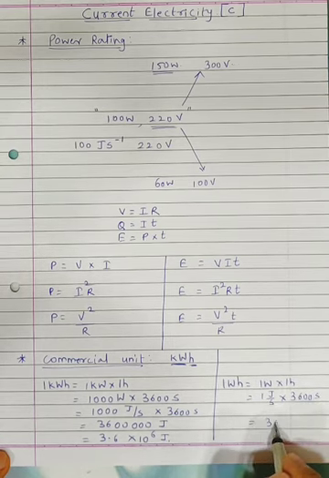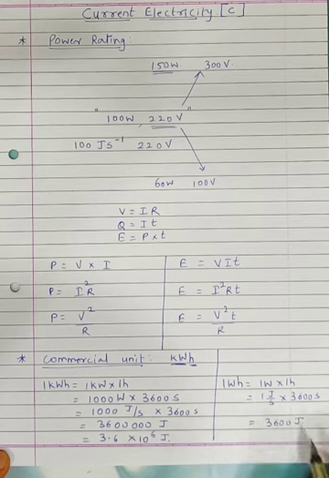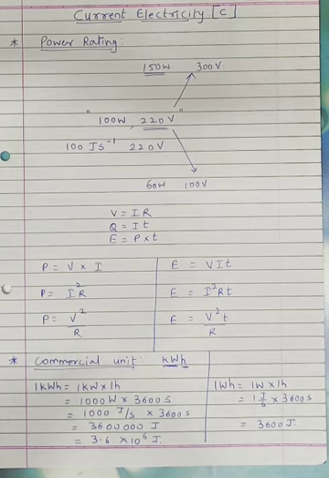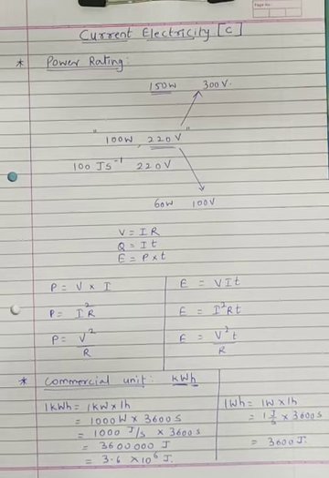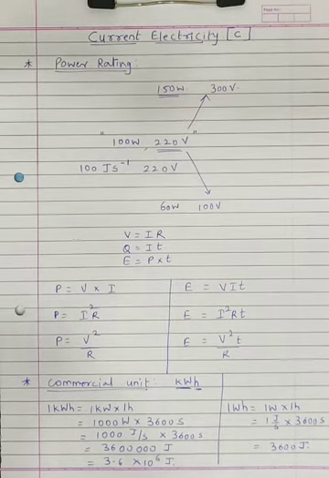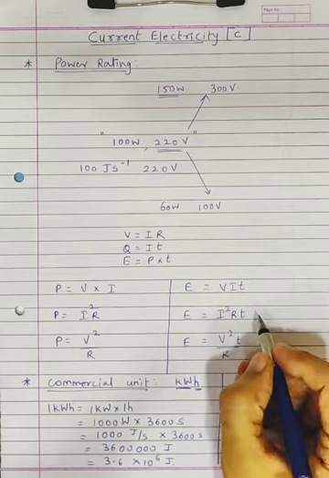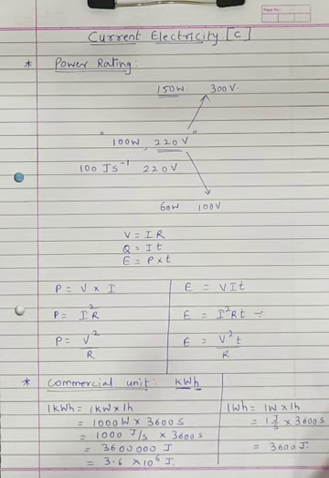Now if you multiply them, you will get 3600 joule. So they may ask you to derive this also, 1 watt hour. Okay, they can also ask you to define 1 kilowatt hour or 1 watt hour. So 1 kilowatt hour, if they ask you to define, you have to just state that 1 kilowatt hour is the energy consumed by an appliance of power 1 kilowatt in 1 hour.